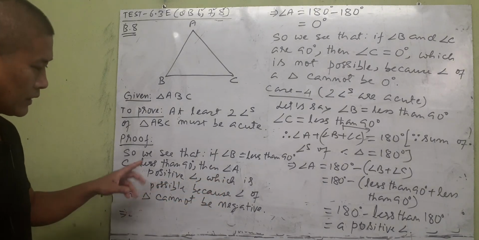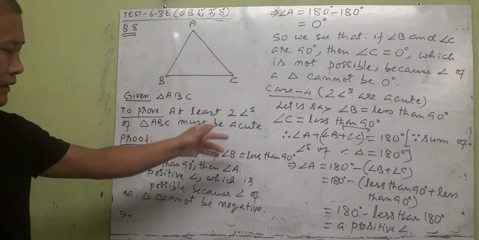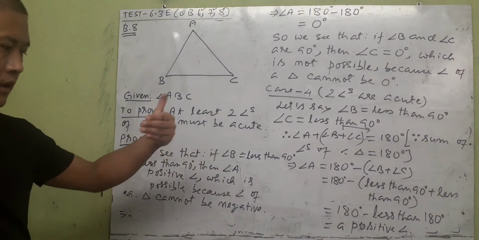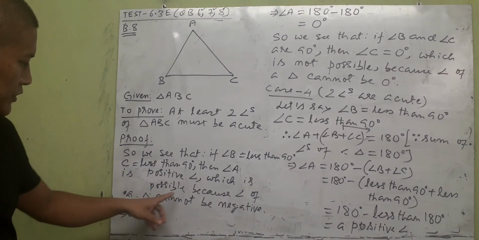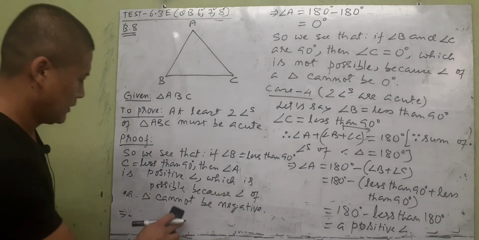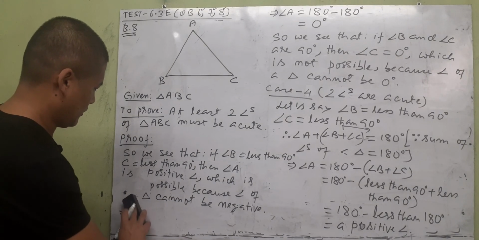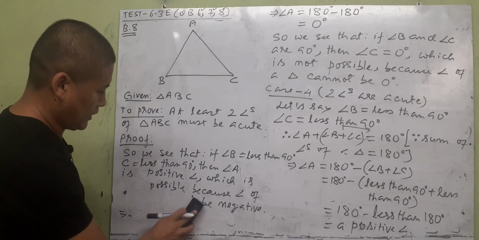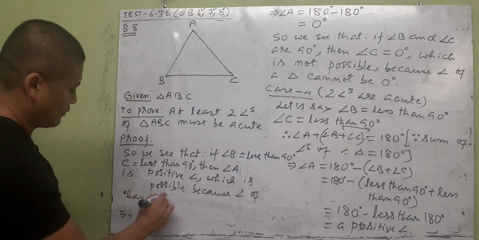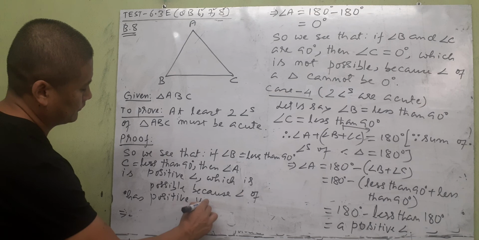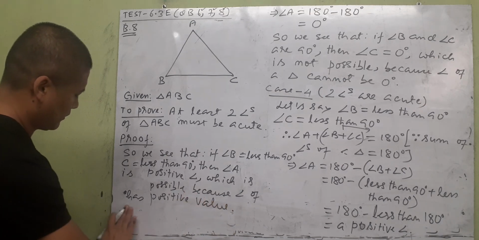Now the third angle, with the first two angles less than 90, means the third angle is also positive. So that is very much possible in a triangle. All the three angles in a triangle are positive, right? Possible because the angle of a triangle has positive value. So you can write that one down.